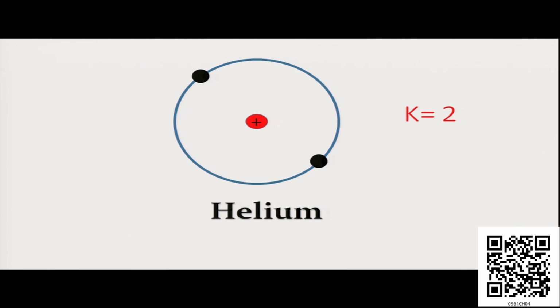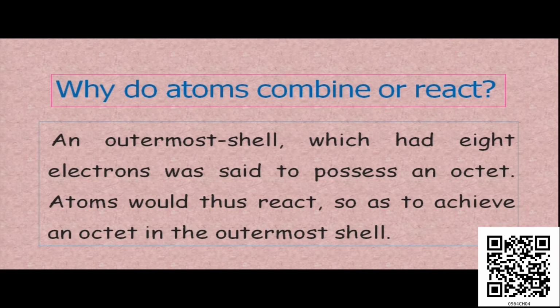And looking at all this arrangement, like in the case of neon and argon, other elements also try to achieve this octet in their outermost cell by combining with atoms of other elements. So now you know the reason why atoms combine or react to form molecules or compounds.